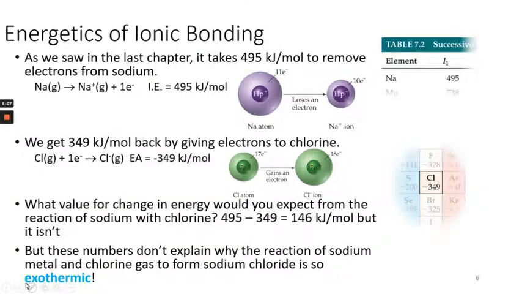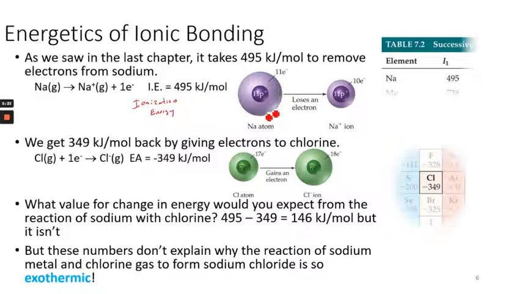So let's talk about the energy that's involved in making an ionic bond. Last chapter we saw that when you remove an electron from a metal, you have to put energy in, and that energy is called ionization energy. Since you're putting energy in to remove the electron, it is positive.